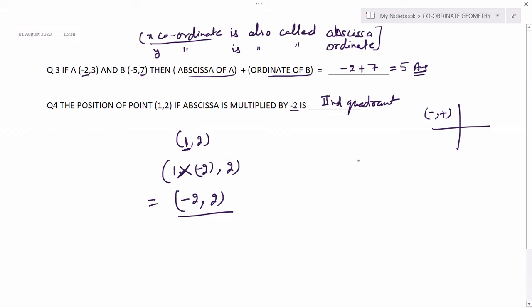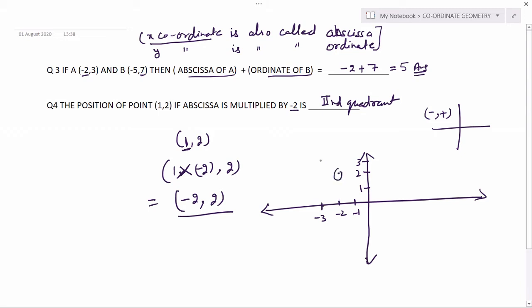Now you can show this by plotting also. You can draw the Cartesian plane like this, and I have to plot the point on this side, so I will take the points over here only. There is no need to show the point over here because we have to save time also. So you can see here -2, 2. First I will move here and then 2 is here.